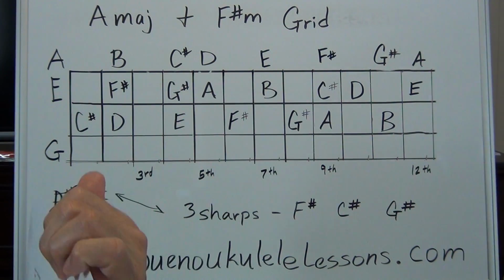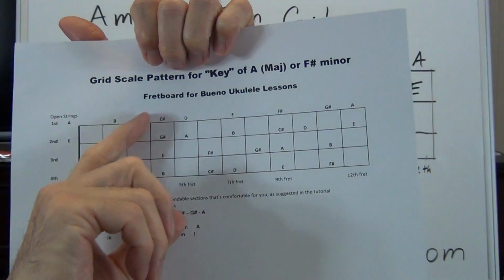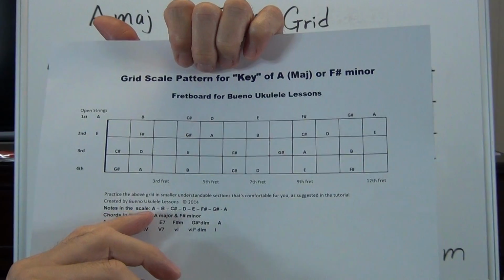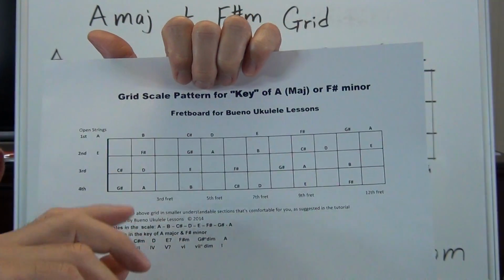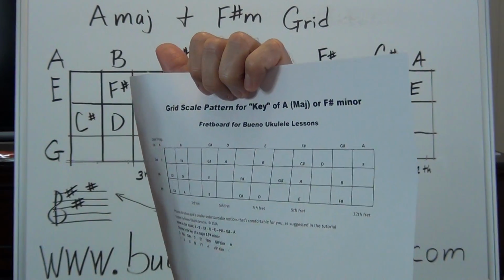Hopefully you did your homework and took some good notes in the very first tutorial that tells you how the family of chords corresponds to the entire grid and the scales and notes that we're playing in the grid.